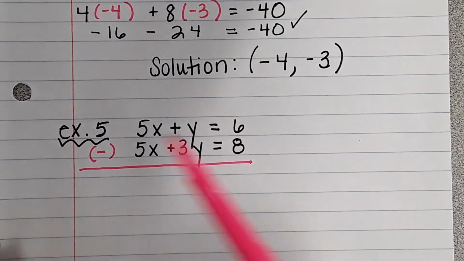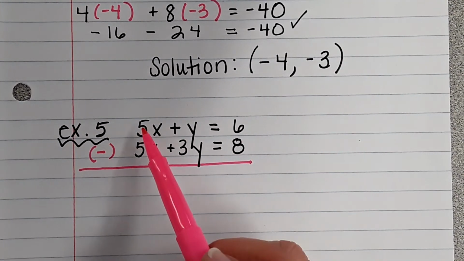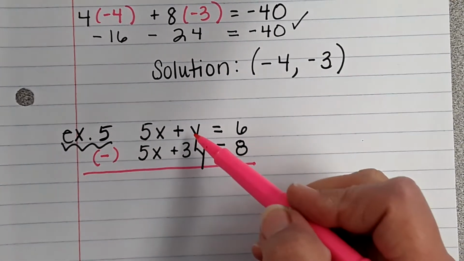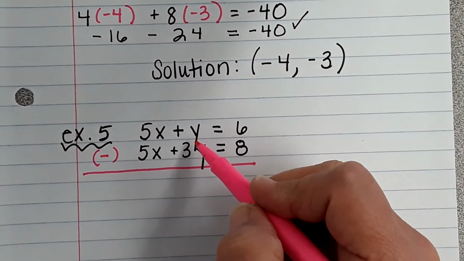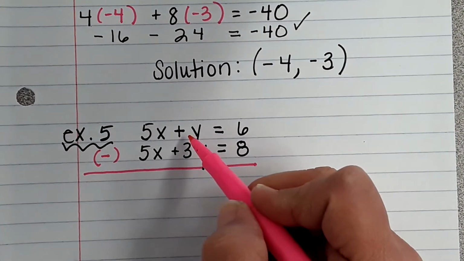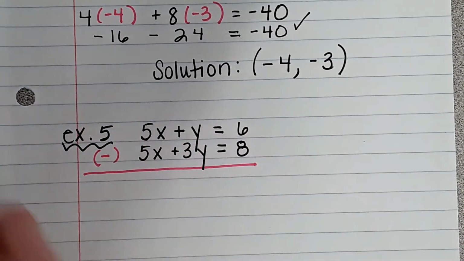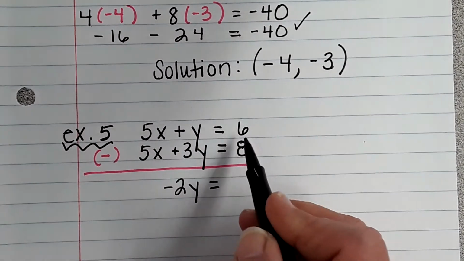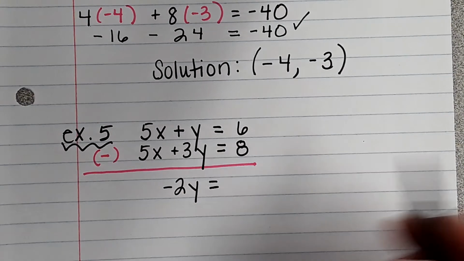Okay, so what is 5x minus 5x? 0. Now, what number is in front of this y? What is 1 minus 3? 6 minus 8.